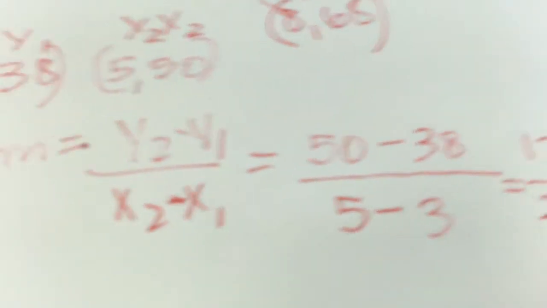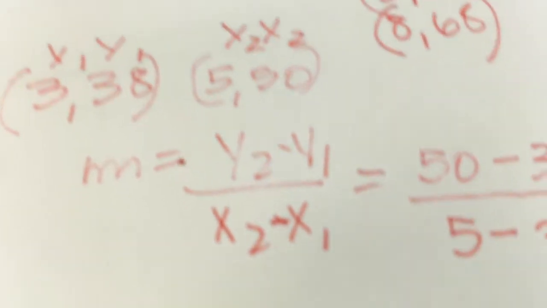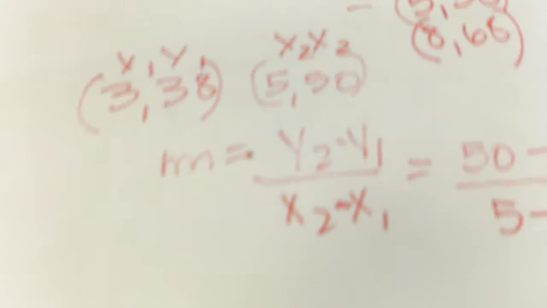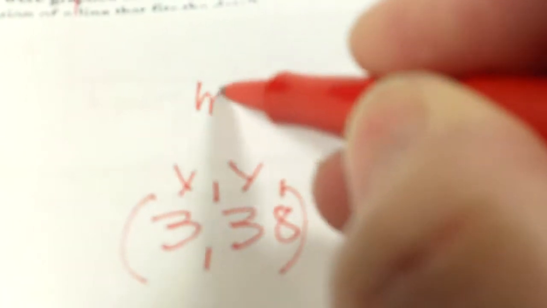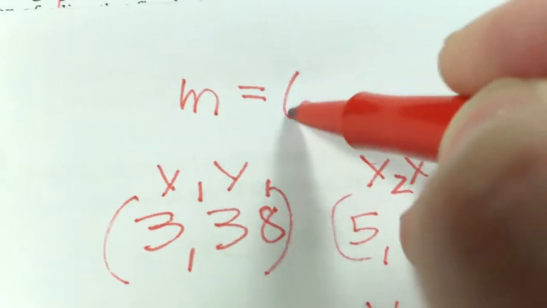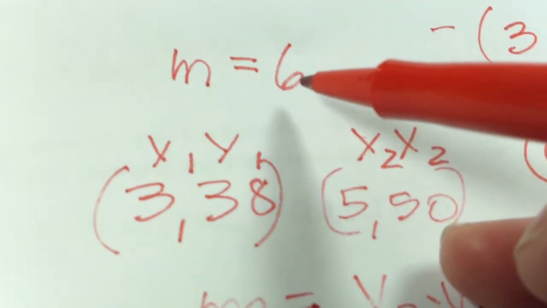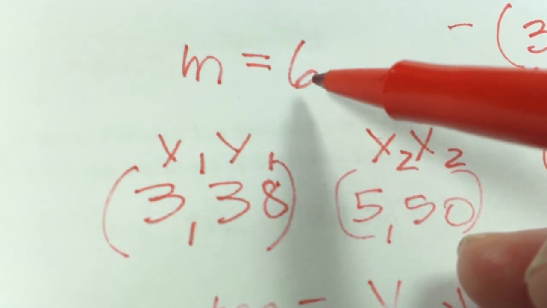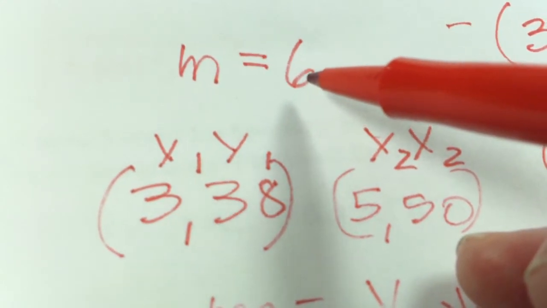We just found the slope by using 2 of our points in this formula. We found the slope to be equal to 6. Let's see, the slope is a rate. So 6 must be the rental rate. I bet it's $6 an hour to rent a tuba.